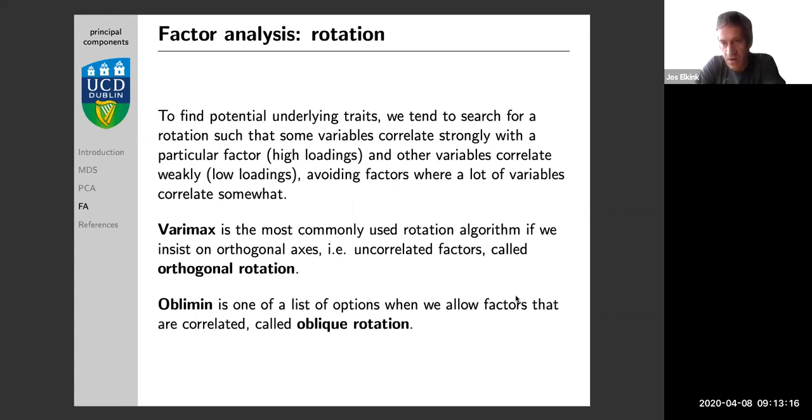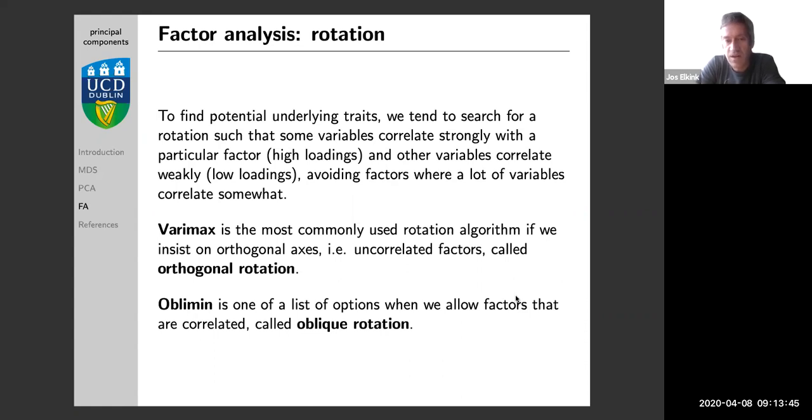Yeah? So for example, when we do this psychological test and we ask a lot of questions on behavioral questions or preference questions, then maybe some of these dimensions, they relate to this introvert versus extrovert. And if we can rotate the factors so that they strongly correlate with some variables and weakly correlate with other variables, then maybe we find a factor that strongly correlates with all the variables that have something to do with extroversion and introversion, and weakly correlates with other questions in the same test.